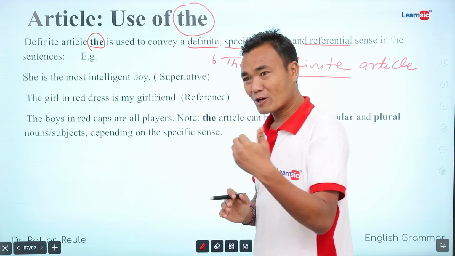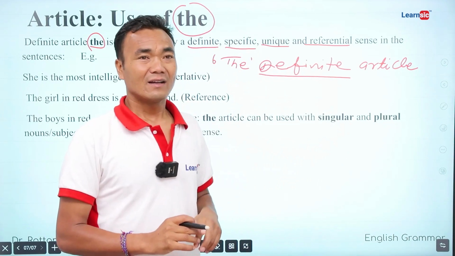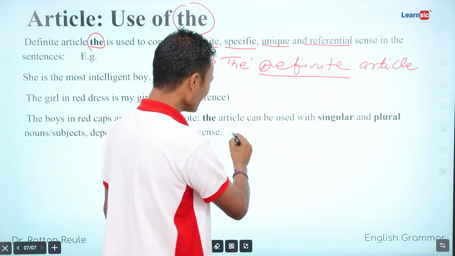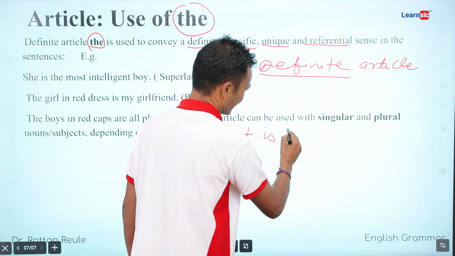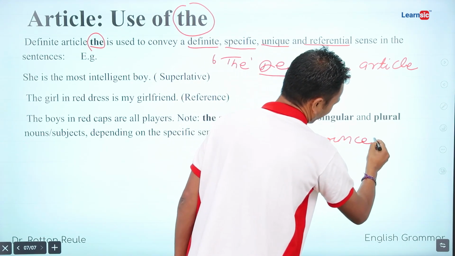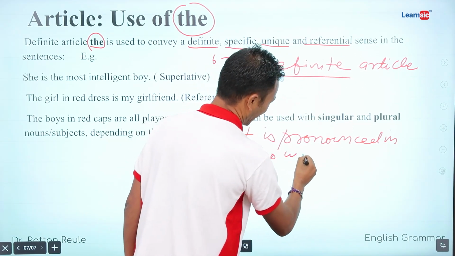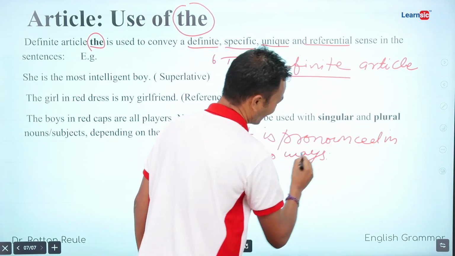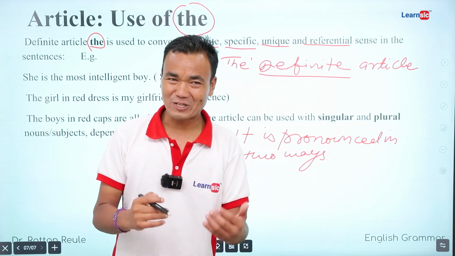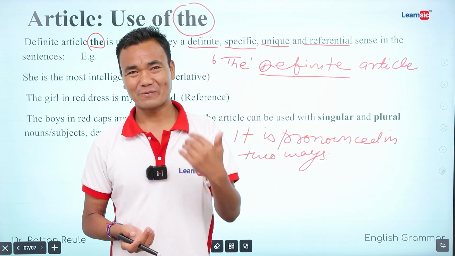Okay, now let's talk about the pronunciation of this article, the. The article is pronounced in two ways, and we can say that it is a combination of a or an. Now I will tell you one beautiful thing.